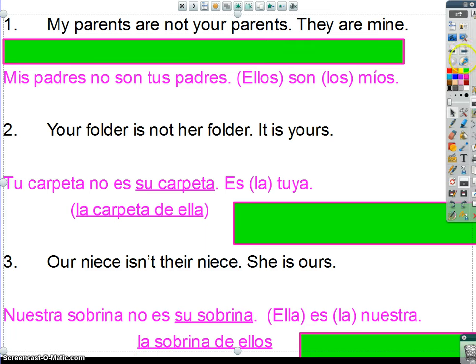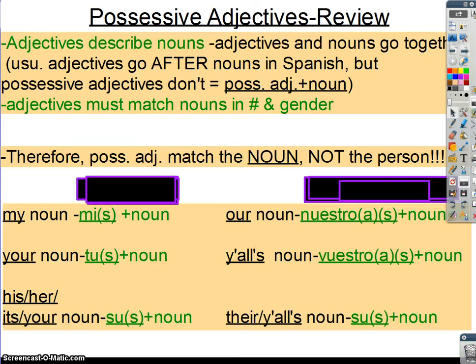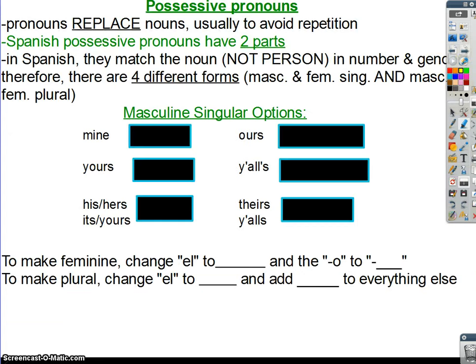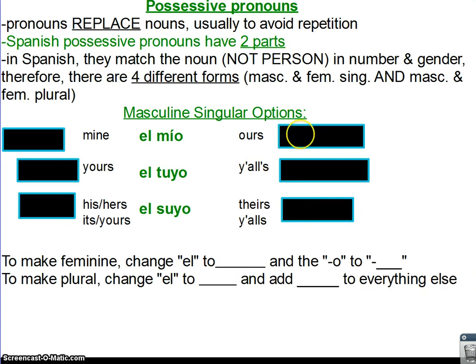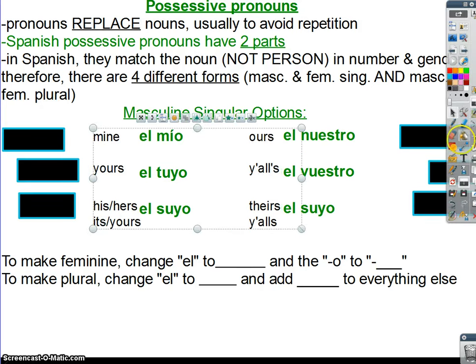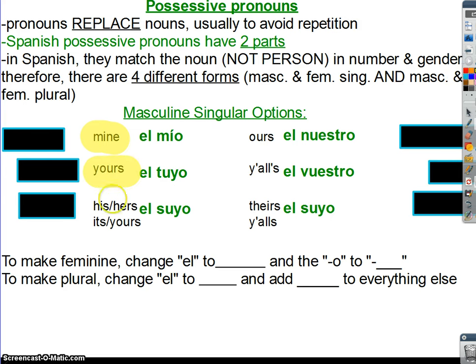Let me go into some further explanation of these topics for those of you that need it. Possessive adjectives go with a noun. So if you're saying my something, your something, his or her something, and so on and so forth, these words are followed by a noun. If, however, you are taking out the noun, and you're just saying these words here, you then need your possessive pronouns.